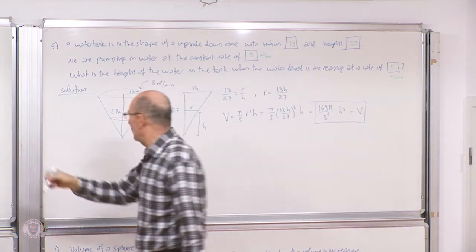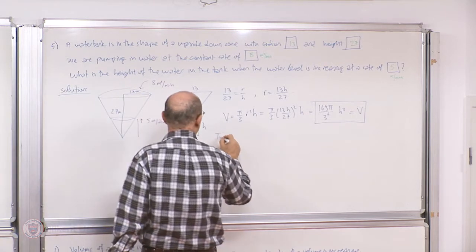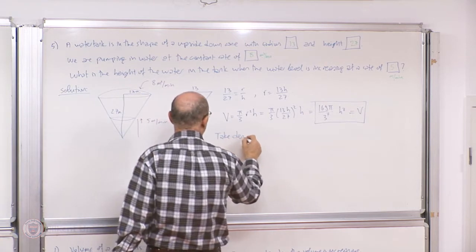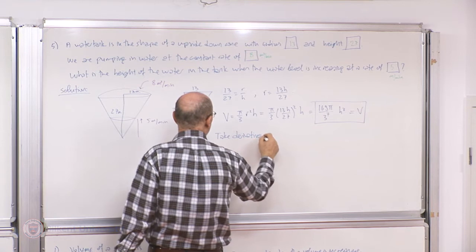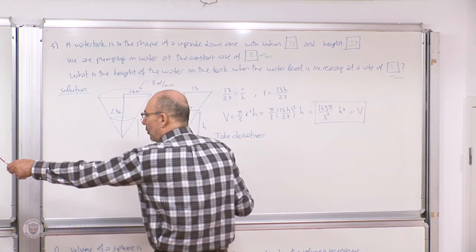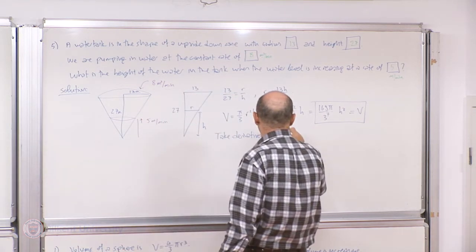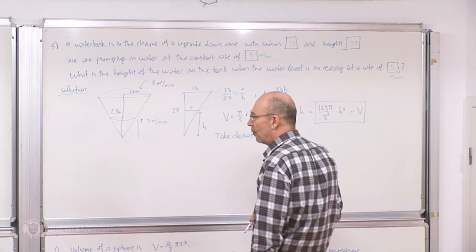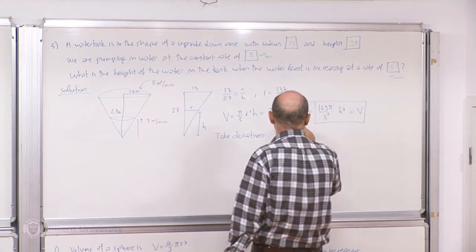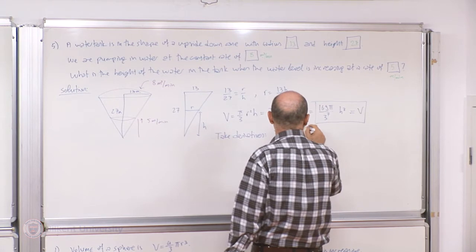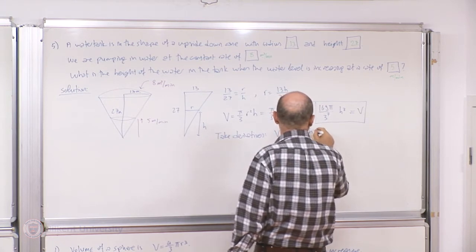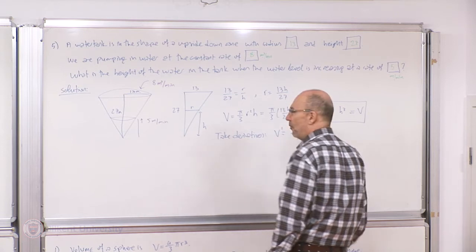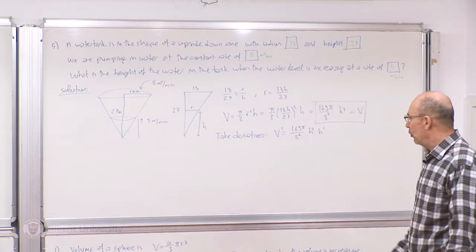Now take derivatives. So V prime is equal to 169 pi over 3 to the power 6 H square H prime. Okay, put in values.